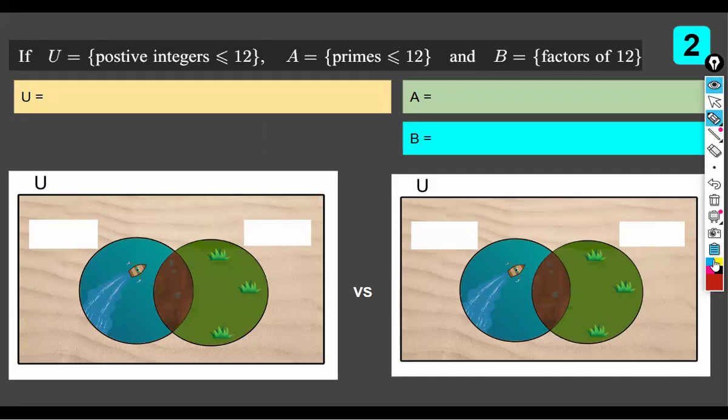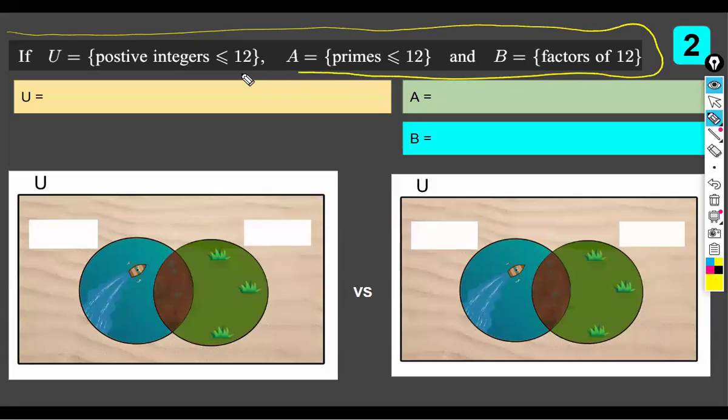Do me a favor. Let's write down this question. All I want you all to do is write this down, and then we will fill out everything here. But just write down what I circled. That means everything in the question, the universal set, everything that's involved in the question.